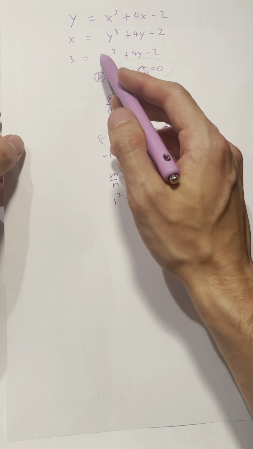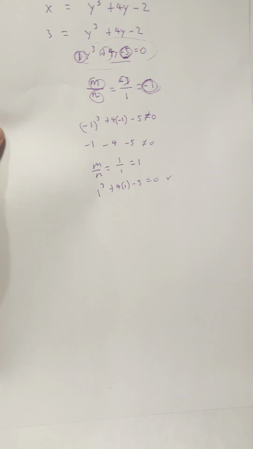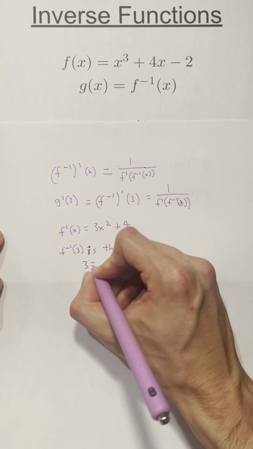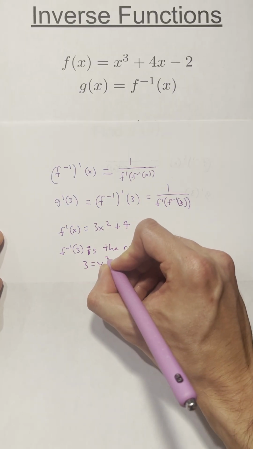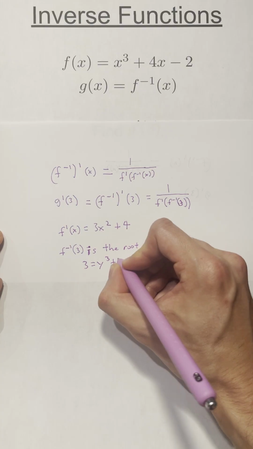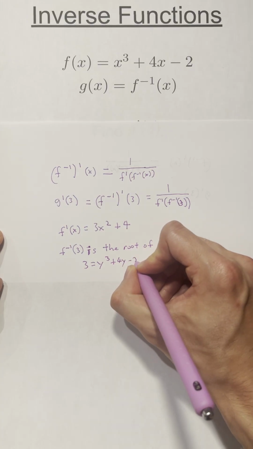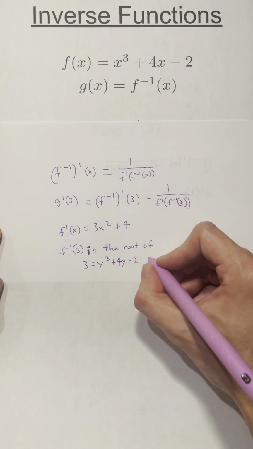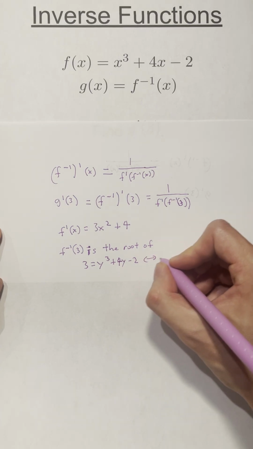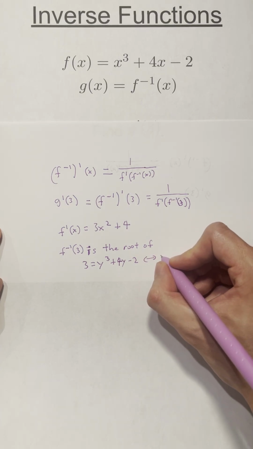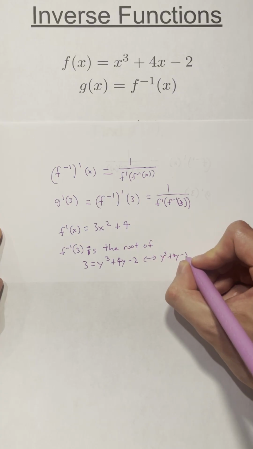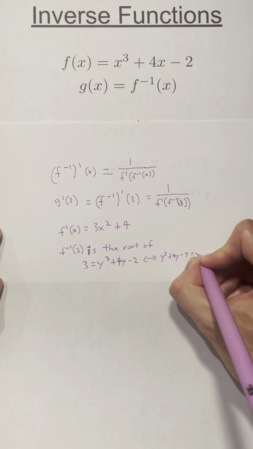So basically when we swapped x and y and plugged in 3, we got y cubed plus 4y minus 5 equals 0.